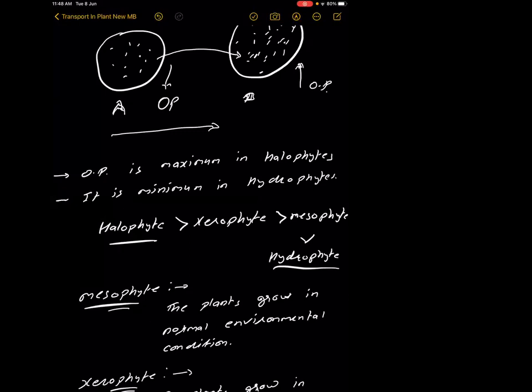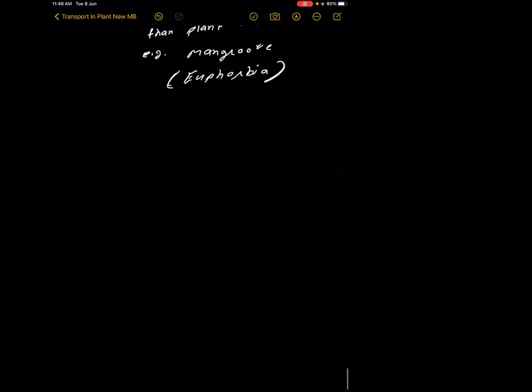Okay. Next, after osmotic pressure, one more: DPD. What is DPD? Diffusion pressure deficit. But before this, endosmosis and exosmosis occur.